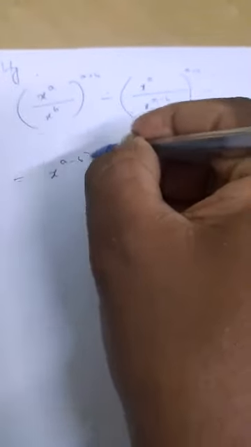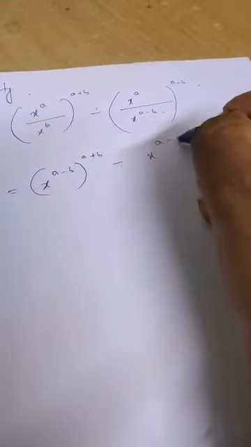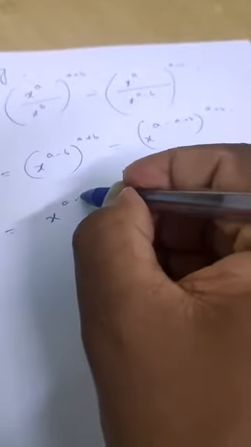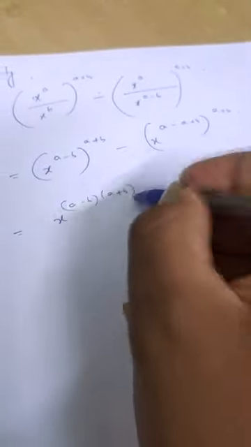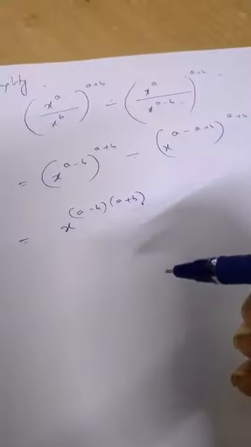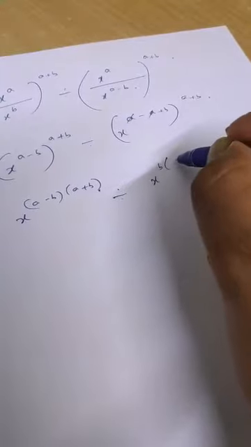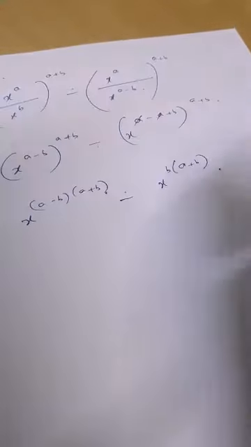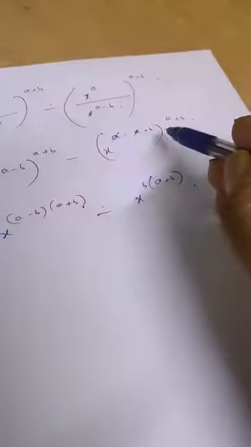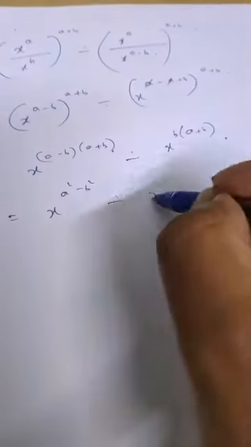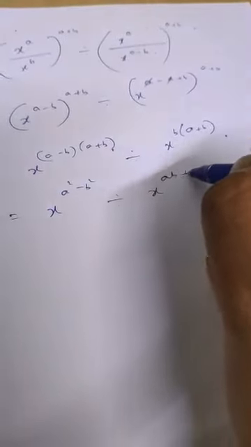So this will be x to the power a minus b whole thing to the power a plus b, divided by x to the power a minus a plus b whole thing to the power a plus b. Using a to the power m whole thing to the power n equals a to the power m into n, this is x to the power a square minus b square, divided by x to the power ab plus b square.